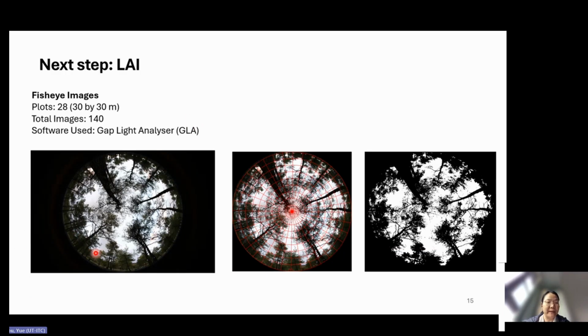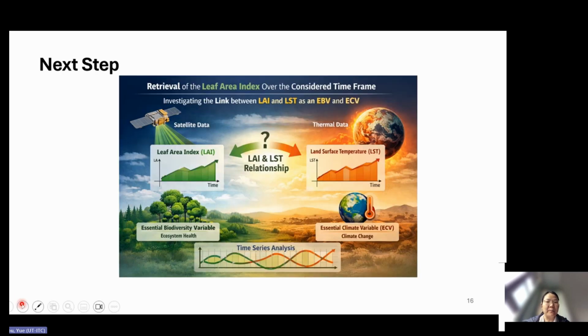We collected 28 plots and a total of 140 images. We can use this to calculate the leaf area index, and also upscale this locally collected leaf area index with satellite images, so we could map it out without much effort in the future to calculate LAI and then link it with LST.